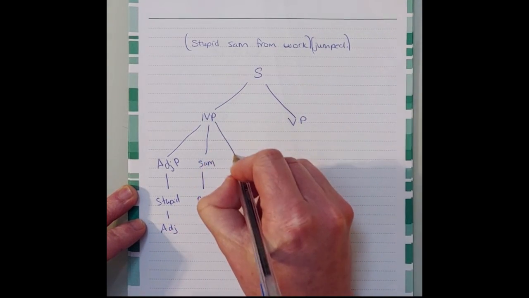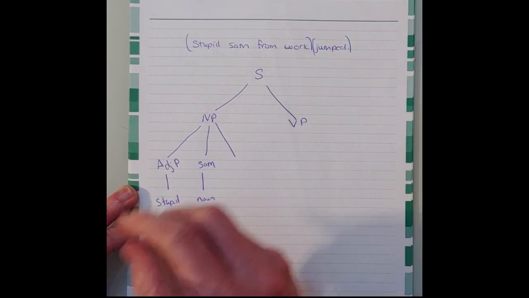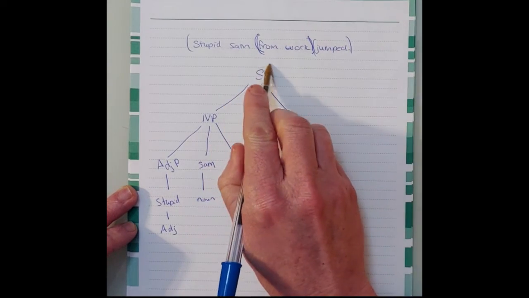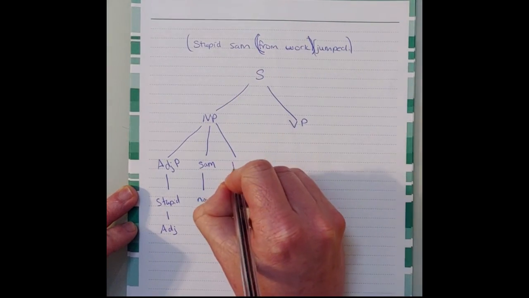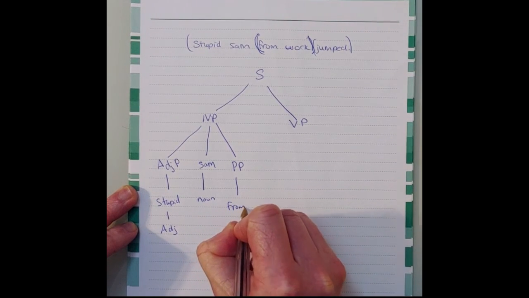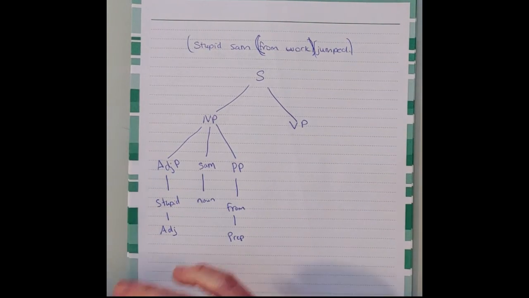And then off of my noun phrase, I have something else, which I told you in the lecture. Not sure if you remembered it, but I have a prepositional phrase, right? From is a preposition. So I have a prepositional phrase consisting of from, which is my preposition. And what is always in a prepositional phrase?